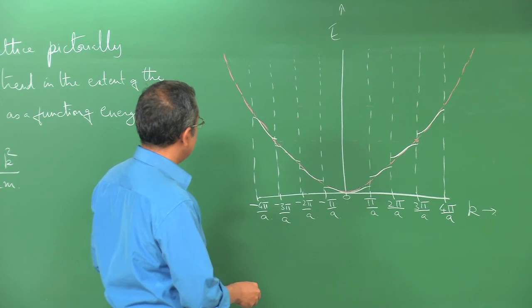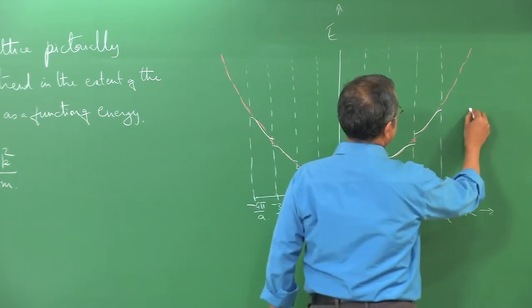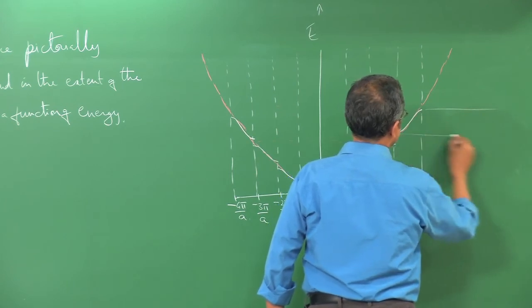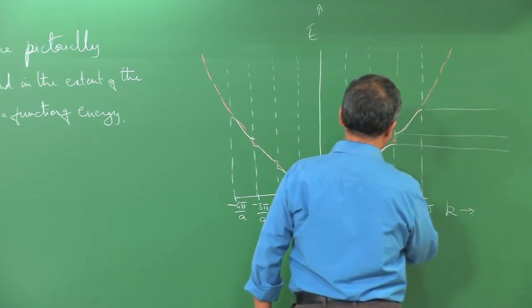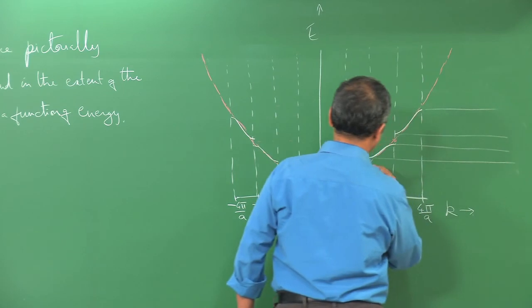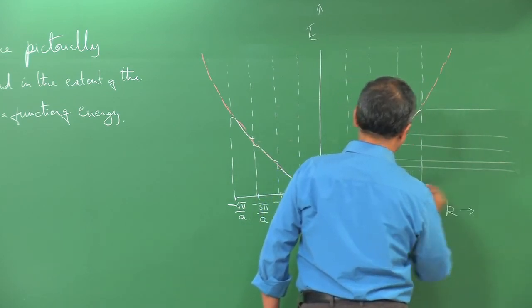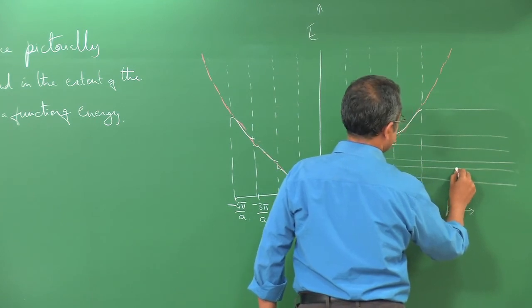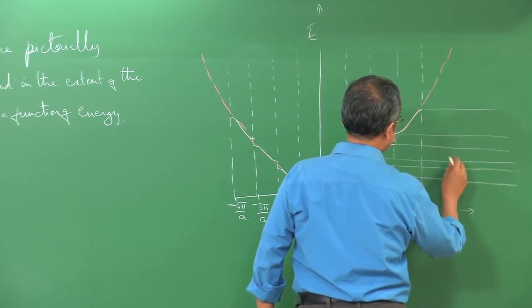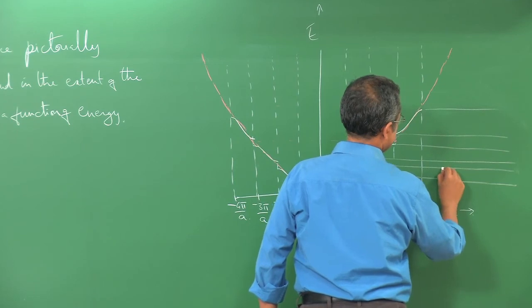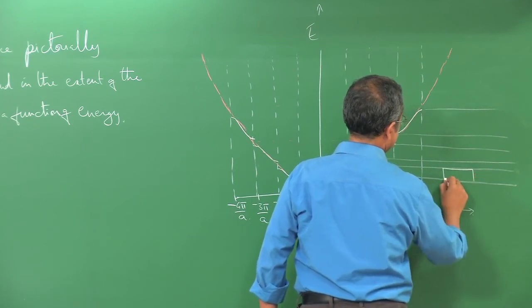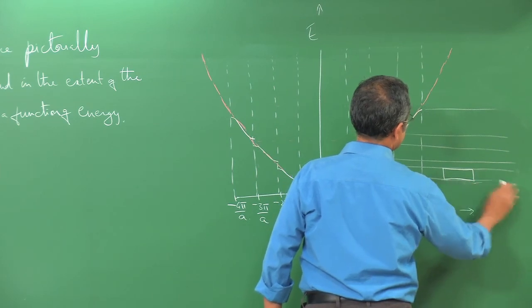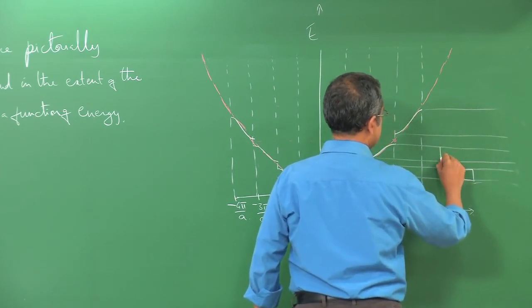So, if we draw the band structure here, this would be a band. So, this would be a band. This would be the next band.